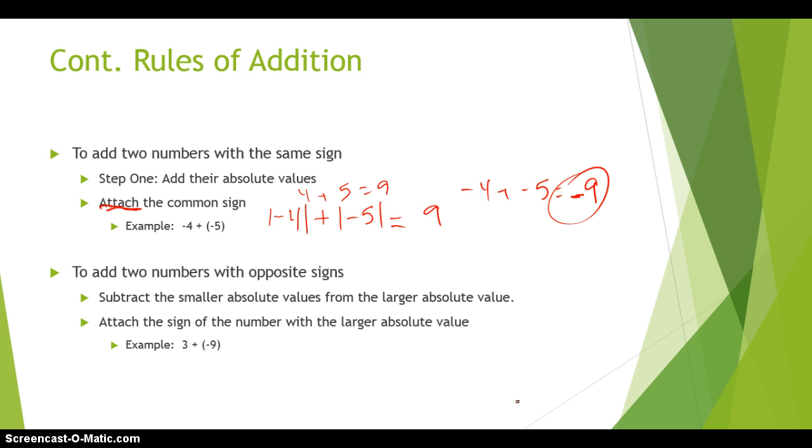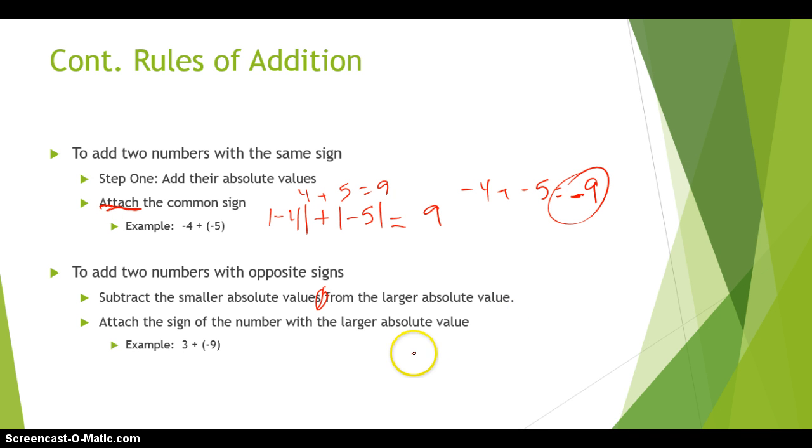So to add two numbers with opposite signs, subtract the smaller absolute value from the larger absolute value, and attach the sign of the number with the larger absolute value.